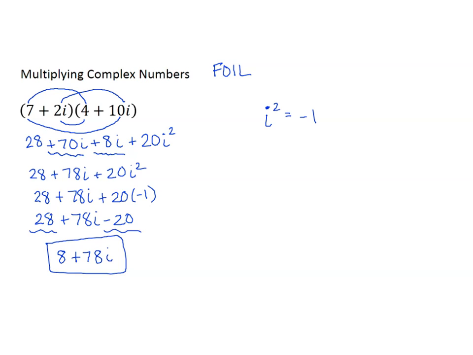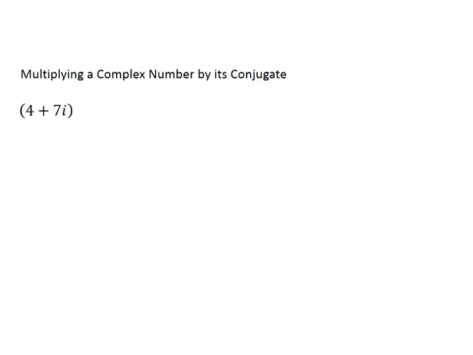Right, so we FOIL, combine like terms, then anytime we have an i squared, we replace it with negative 1, simplify and combine like terms again, and then we get to our final answer. All right, so let's take a look at another one. This time, we're going to multiply a complex number by its conjugate.